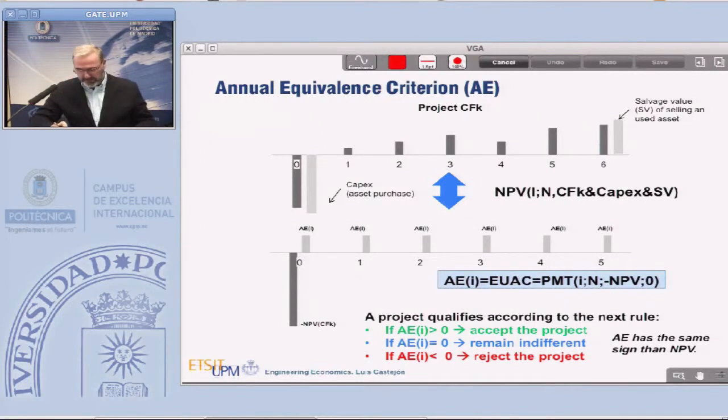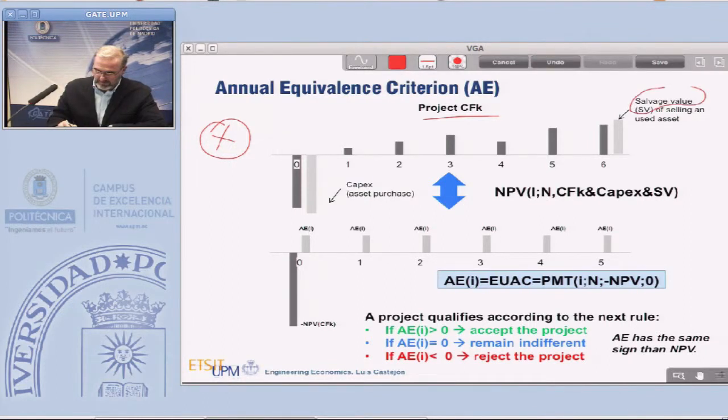Let me explain the general idea with this diagram. This is our conventional project. We have here the project cash flows. I'm going to introduce a new concept, which is the salvage value. Let me explain it later.